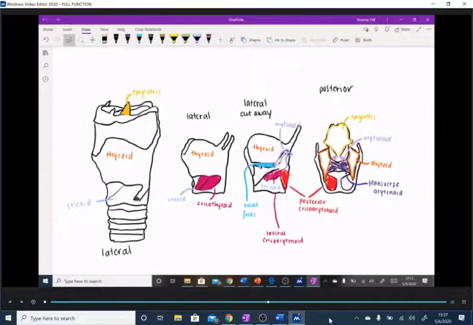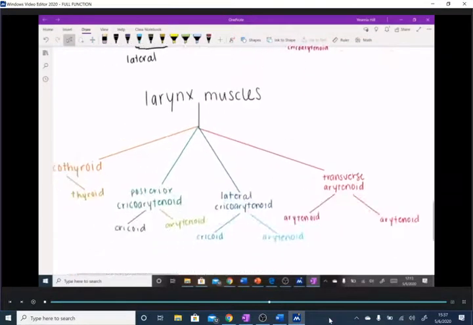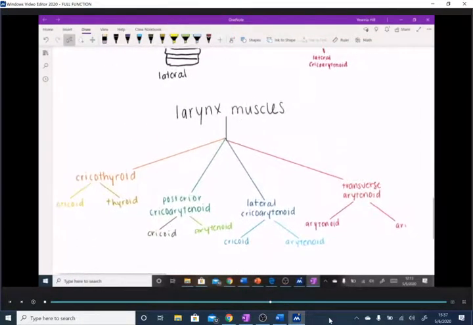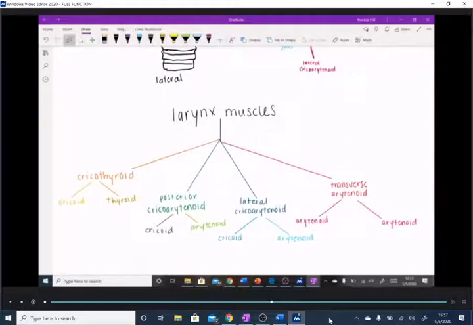So now for the larynx muscles, the cricothyroid is connected to two ligaments, which is the cricoid and the thyroid ligaments. Then the posterior cricoarytenoid is connected to the cricoid ligament and the arytenoid ligament. And the lateral cricoarytenoid is connected to the cricoid ligament and the arytenoid ligament.